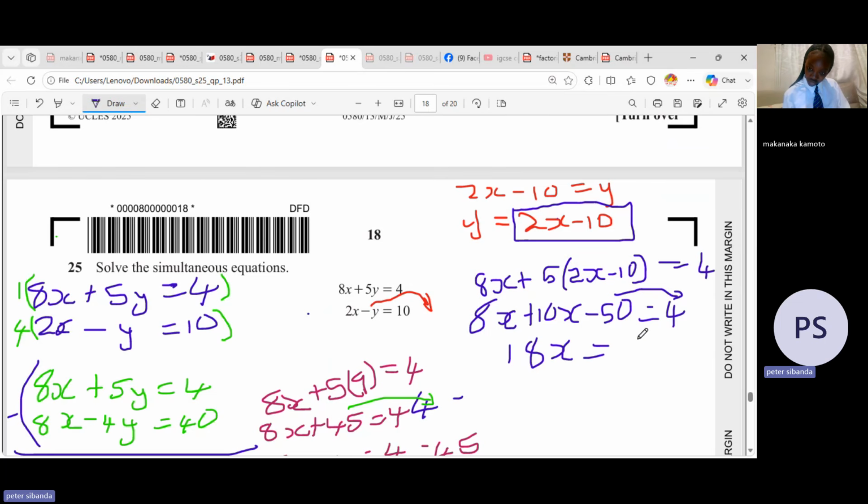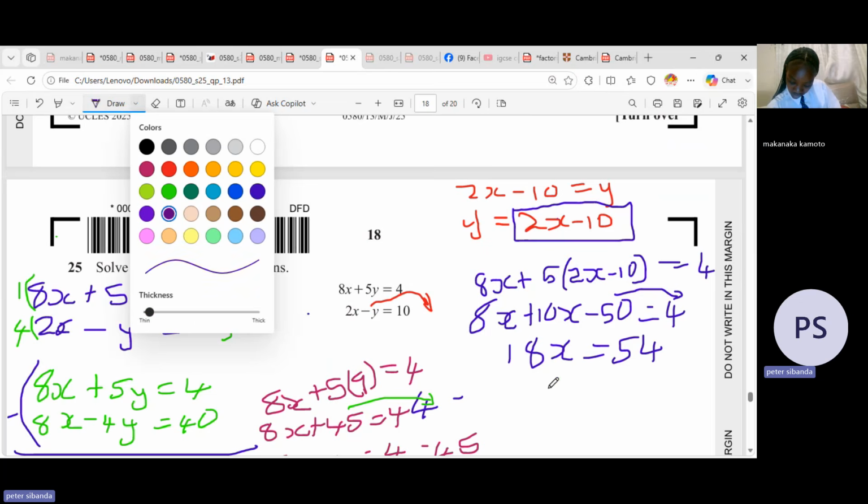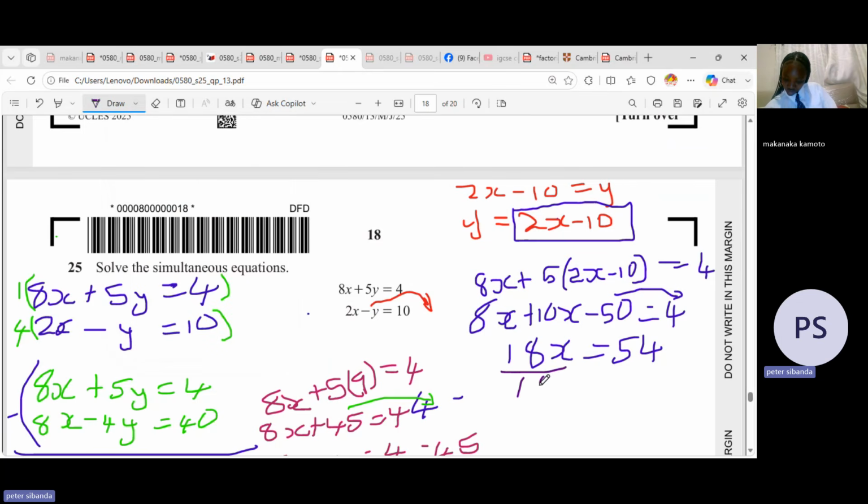And that positive 50 plus 4 gives us 54. And we divide both sides by 18 in order to isolate x or get x. We get our x as 18 into 54, that's 3.